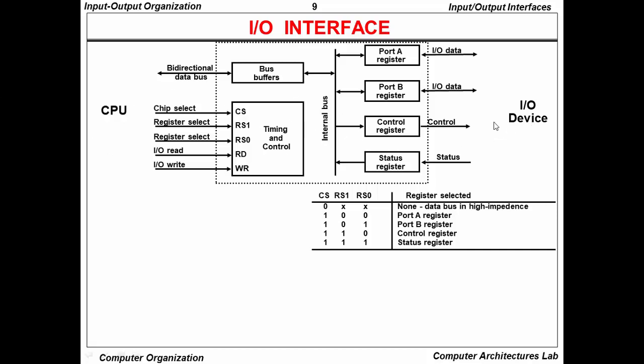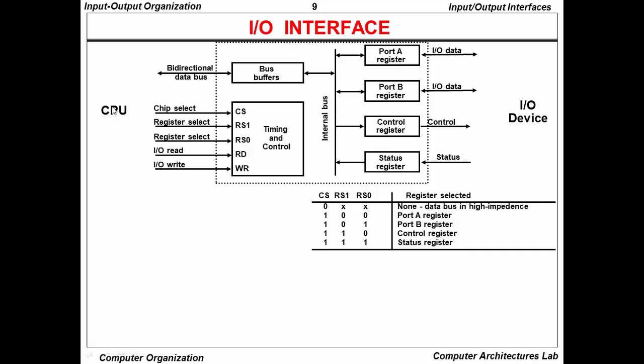So this is the internal structure we have discussed. Whenever the CPU wants to communicate with IO devices, its information or data is going to be placed in one of these registers. When the IO device is ready to receive, the interface will transfer the data to the IO device. Whenever the CPU wants to read some data from the input devices, first that data from the input devices is held inside the interface registers.